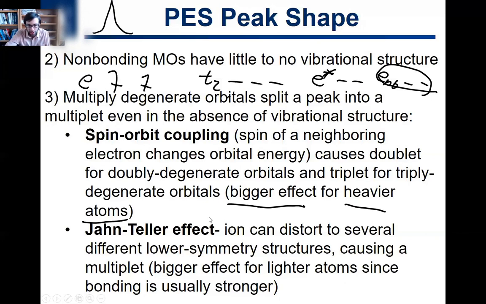Remember, when you're doing photoelectron spectroscopy, you're making ions. Why are you making ions? Because you're ejecting electrons. And so when you make that ion, you can then set up a distortion. It's the same sort of Jahn-Teller distortion that happens with transition metal complexes.